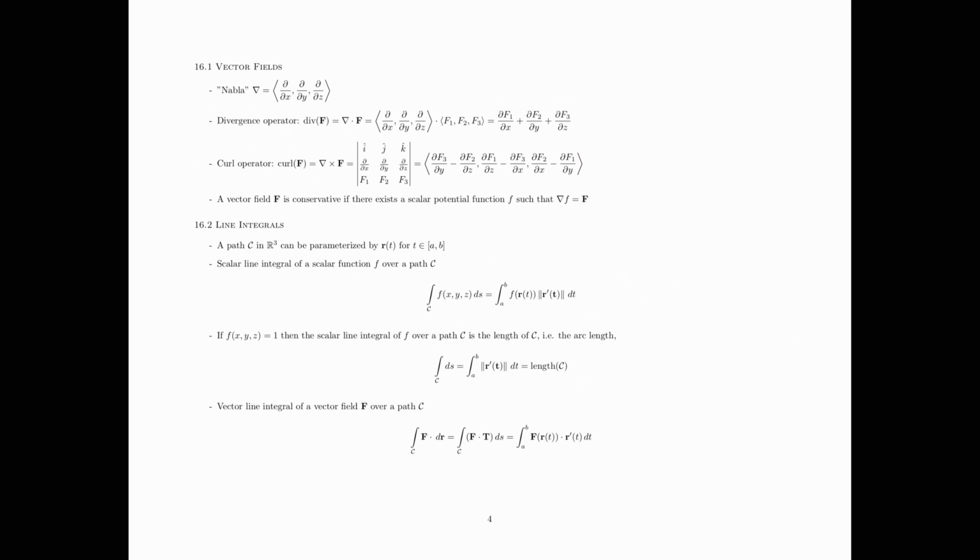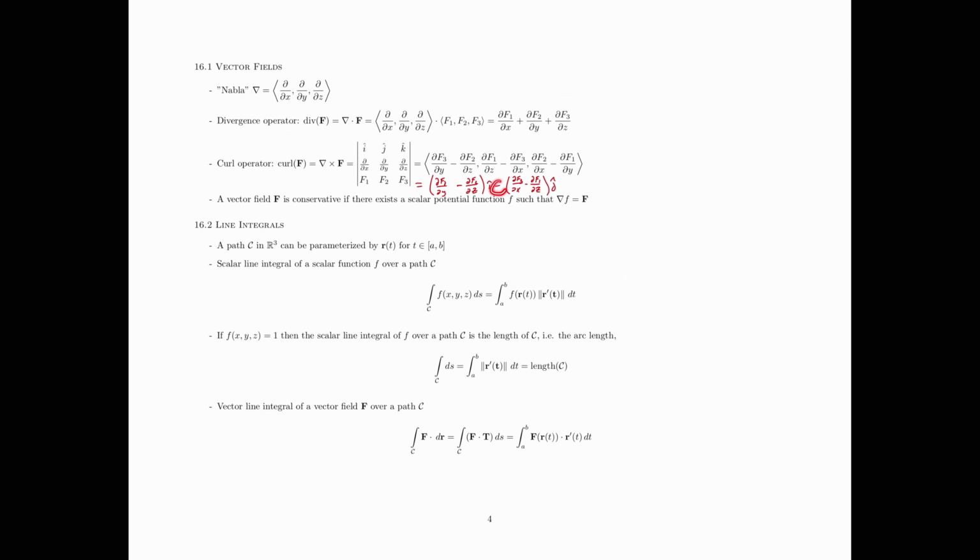But really remember here that in general, what we're doing here is when you take a cross product, you are doing something like you really have your del f3 del y minus del f2 del z i hat, minus del f3 del x minus del f1 del z j hat.